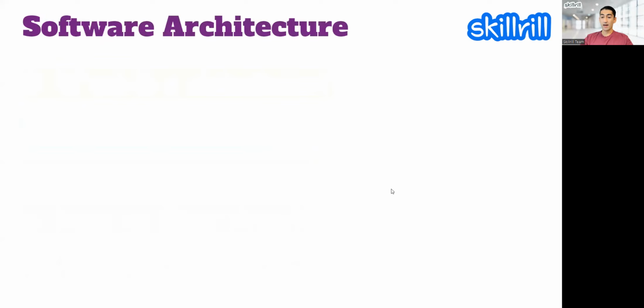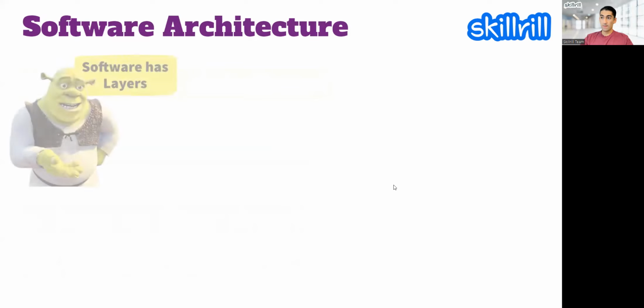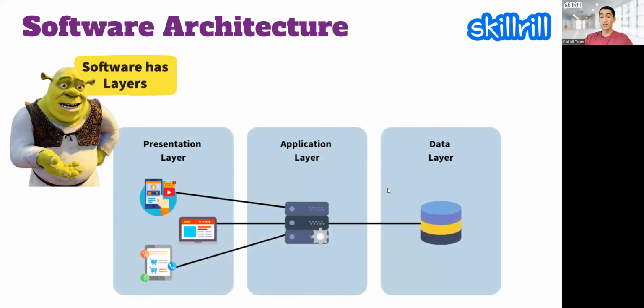understand the application architecture. Okay, so the software architecture. Software has layers. Every application, every software has specific layers. To be more specific, 3 different layers.